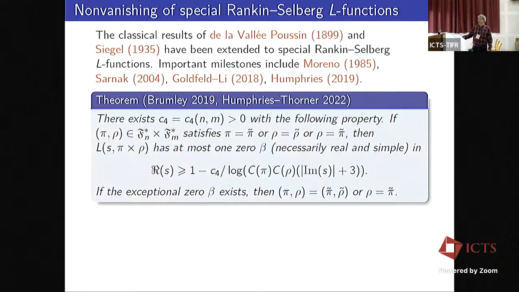At any rate, the result I want to display here is a concatenation of results by Brumley in 2019 and Humphries-Thorner in 2022, and it says the following: there is an effective constant such that for a shift-normalized Rankin-Selberg L function, under the assumption that one of the two is self-dual or the two are duals of each other, so for this restricted family of shift-normalized Rankin-Selberg L functions, we have a standard zero-free region with at most one exceptional zero in there, and that exceptional zero, if it exists, is necessarily simple and real, and that can only occur when either both are self-dual or if the two, pi and rho, are duals of each other.